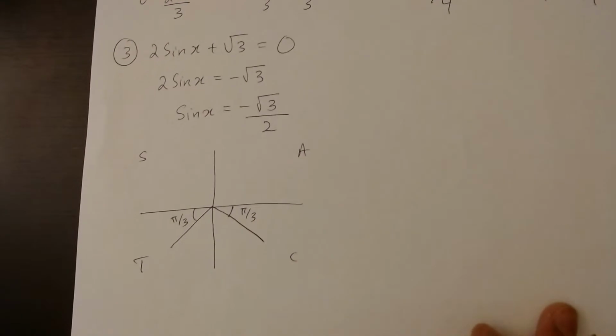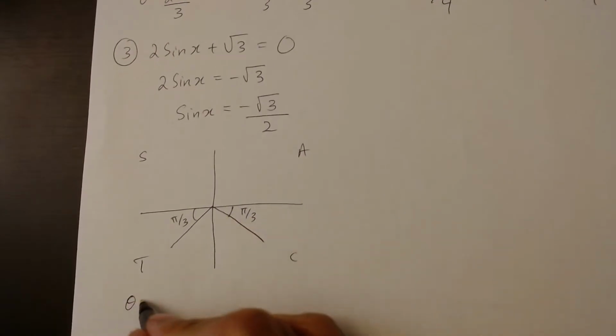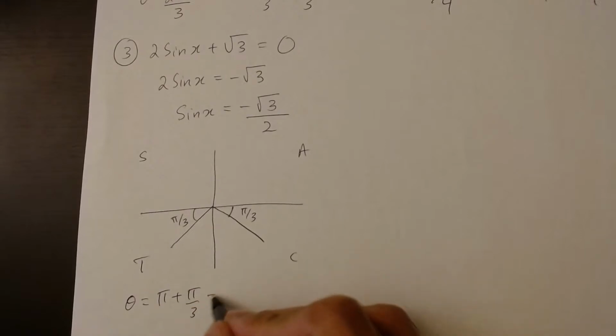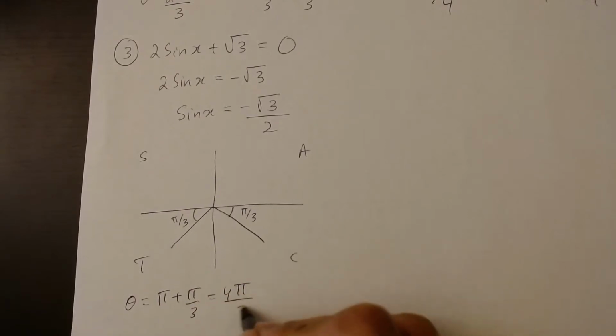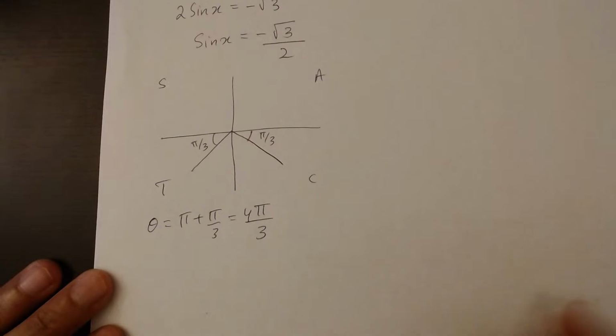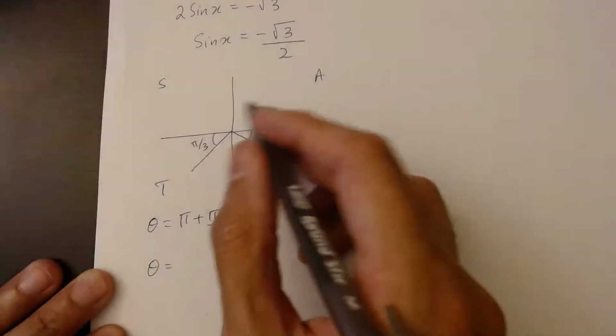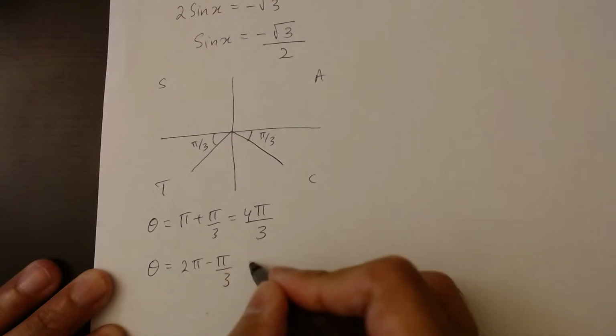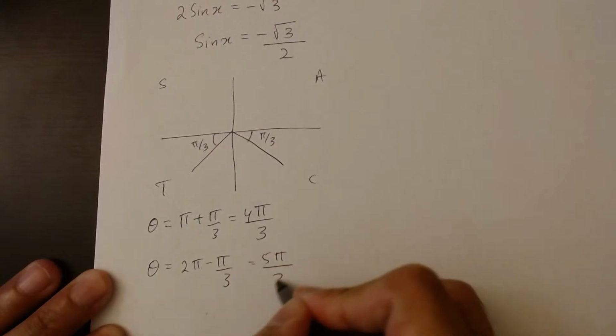So now I have to find both my solutions. My first solution is just pi plus pi over 3, which is 4 pi over 3. And my second solution is 2 pi minus pi over 3, which is 5 pi over 3.